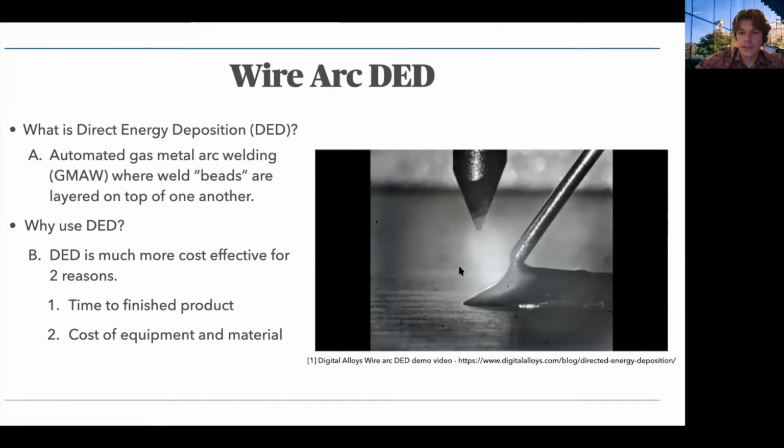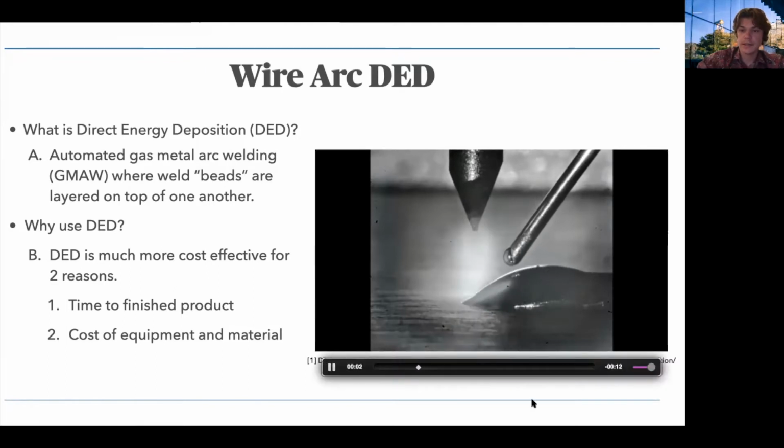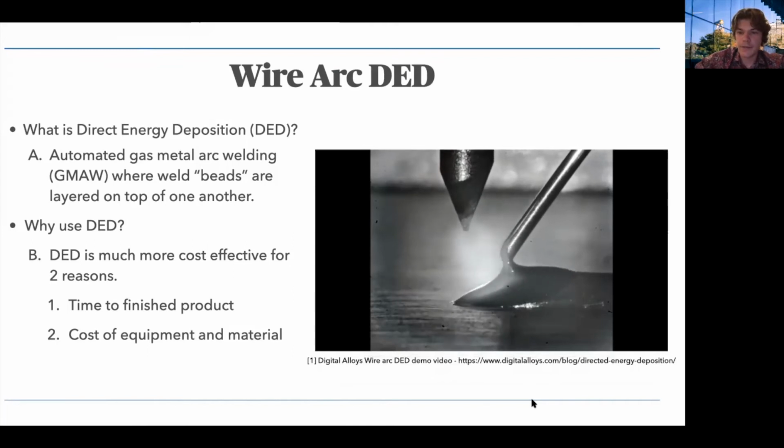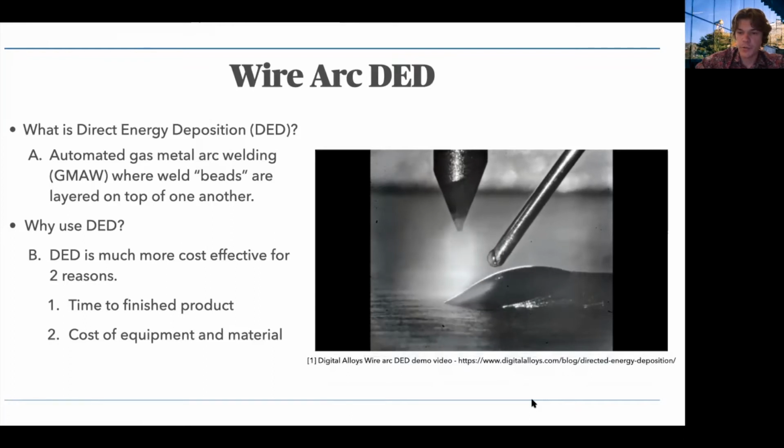Let's watch this video to our right here, where we can see in slow motion the arc melting the filler metal and going into a weld bead, and we can see the molten pool of metal where the arc and the filler metal are drawn to this pool, and the weld bead is made, as it is called.